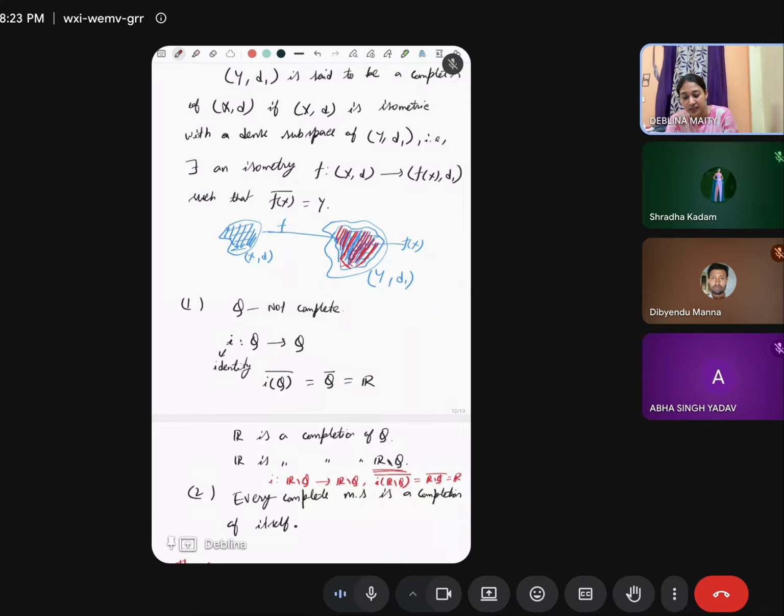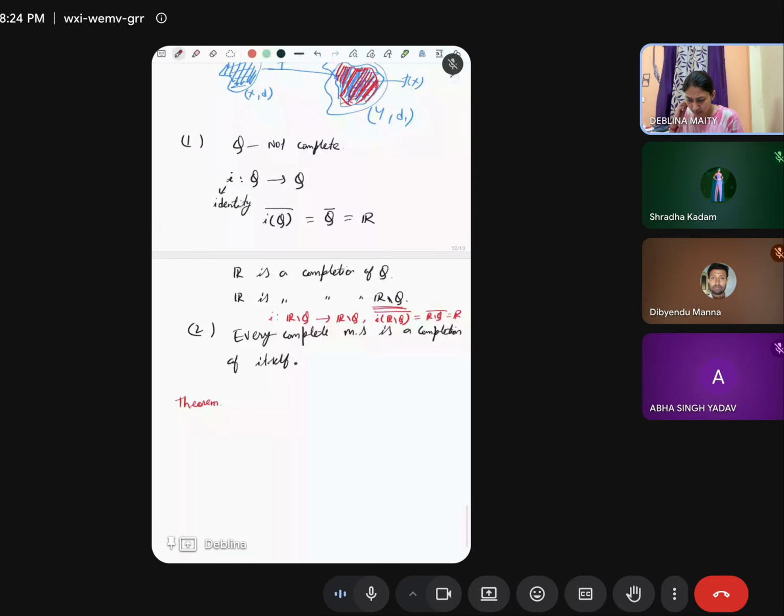The isometry here is I. R minus Q goes to R minus Q, and R minus Q is dense in R. So the completion of R minus Q is also R. Okay?